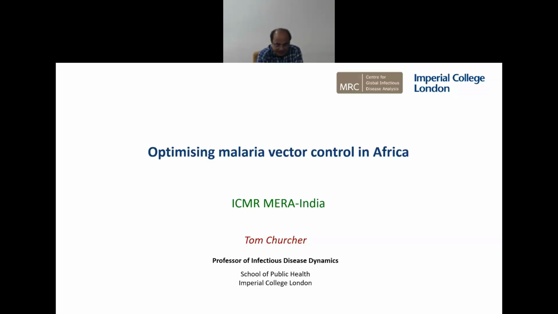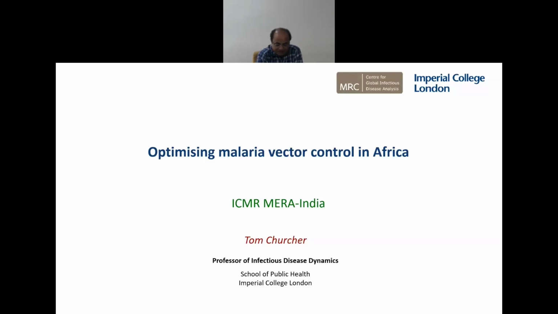In recent years, Professor Churchill has taken the lead in developing vector control components of the model. He has been at the forefront of evaluating the effectiveness of both established and innovative interventions targeting mosquitoes as an essential aspect of malaria prevention.